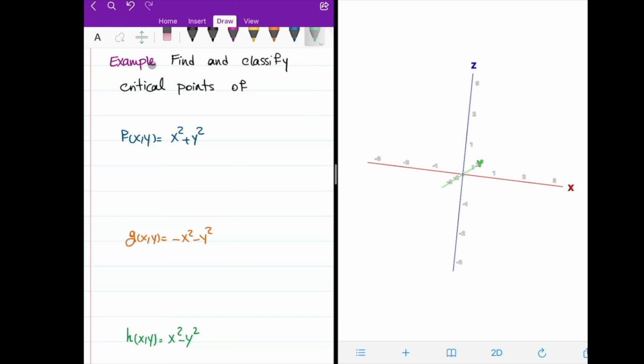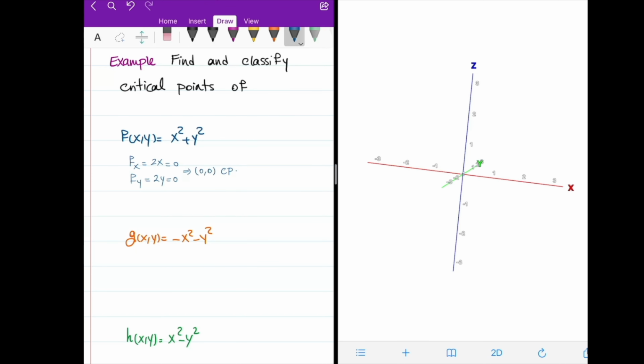The example is this: find and classify critical points of these three functions. I'm going to start with the first one. To find the critical points, I need to find the first derivative with respect to x and set it equal to 0, and the first derivative with respect to y, and at the same time set it equal to 0. Then you see that I got the point (0, 0), so it's the critical point.